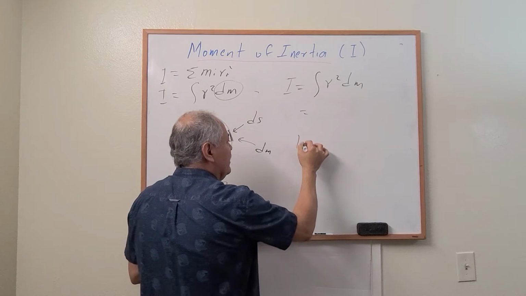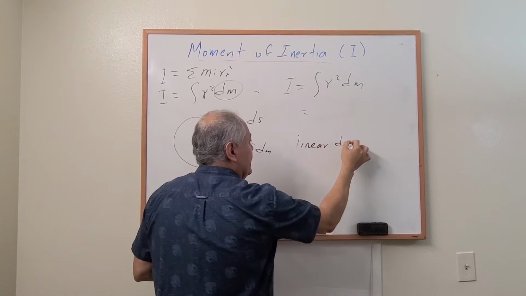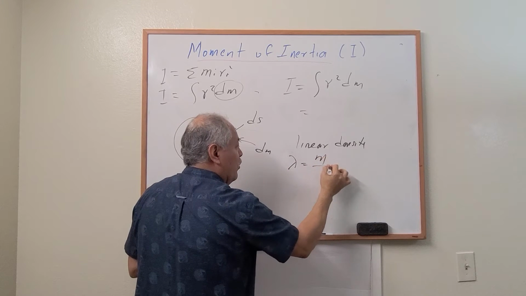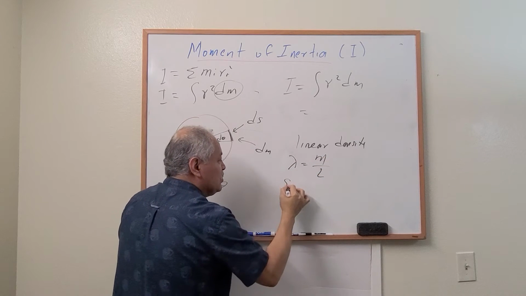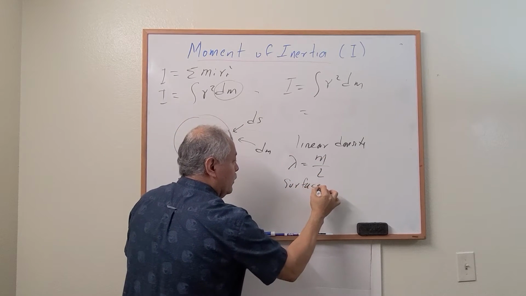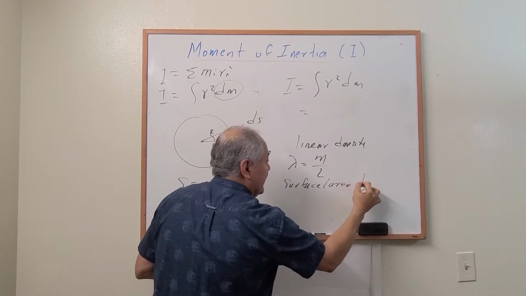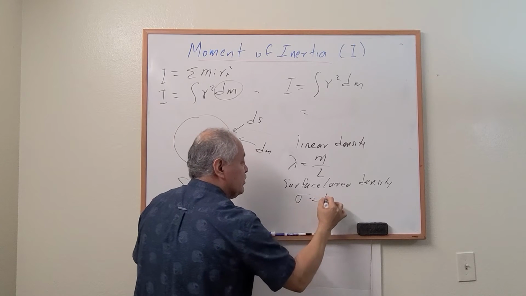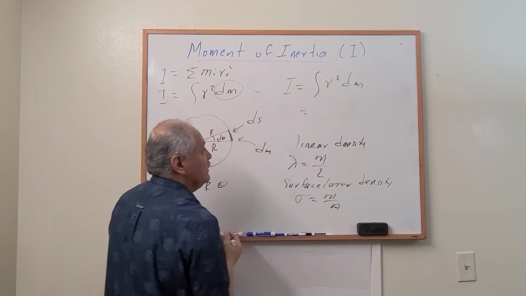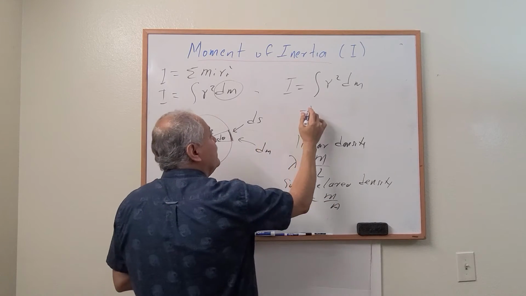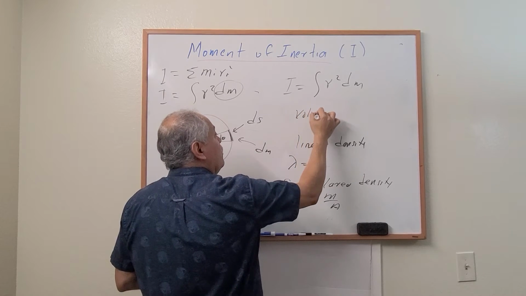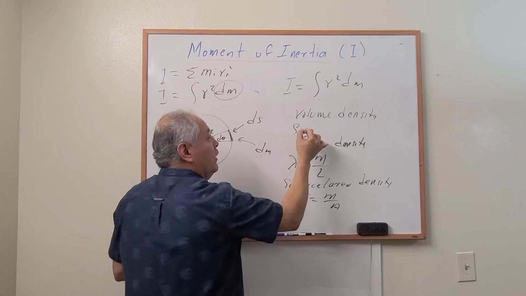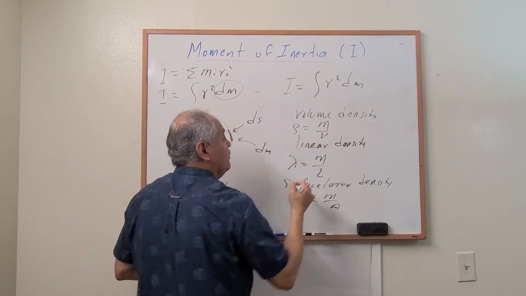We have linear density, usually lambda equals mass over length. We have surface, or area, density, sigma equals mass over area. And we have the volume density, usually rho equals mass over volume.